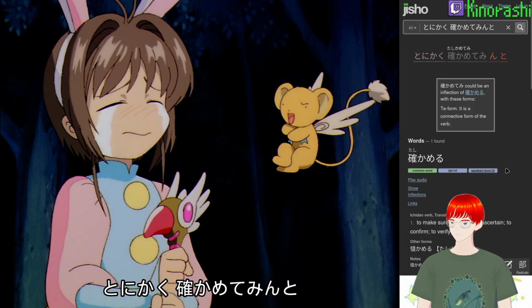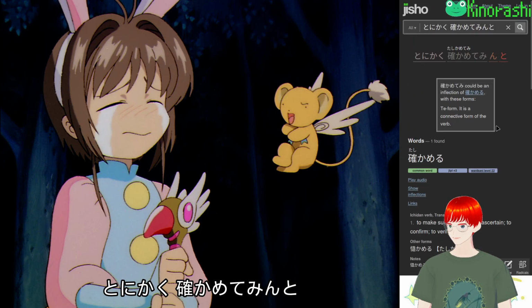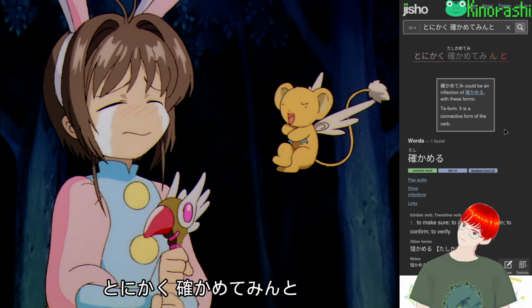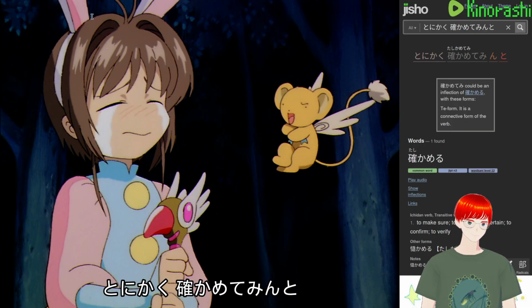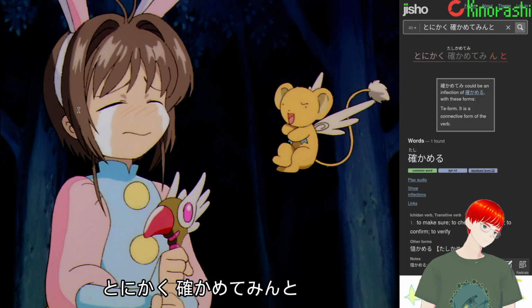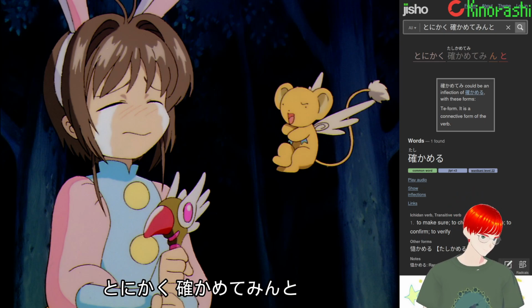Let's see. 確かめる: to make sure, to check, to ascertain, to confirm. 確かめる, so 確かめて, and then explain the grammar of this. Which means to check.